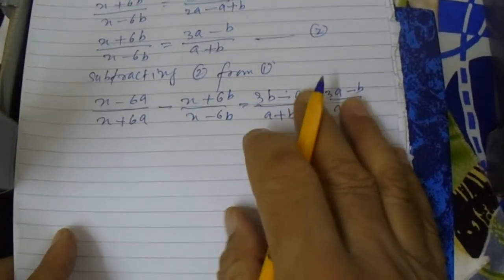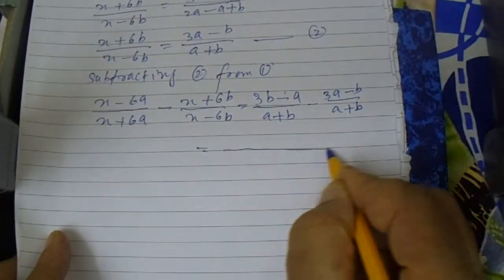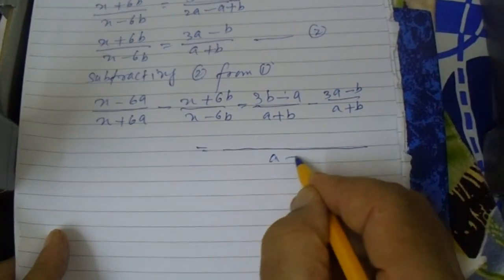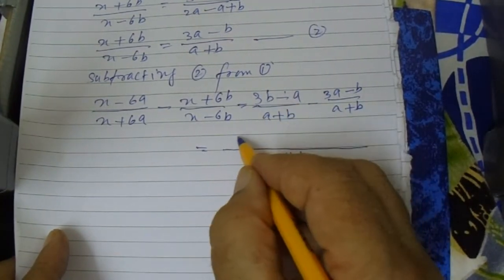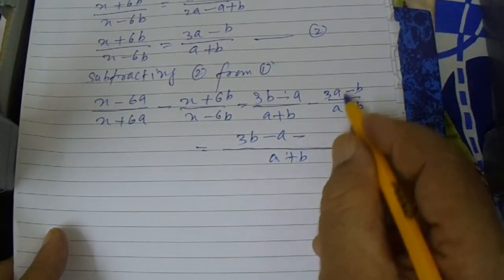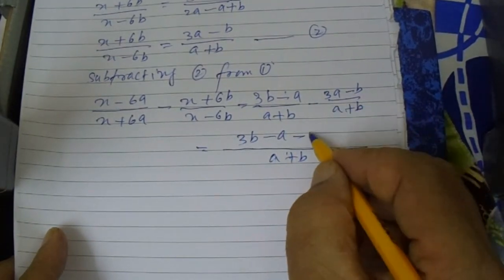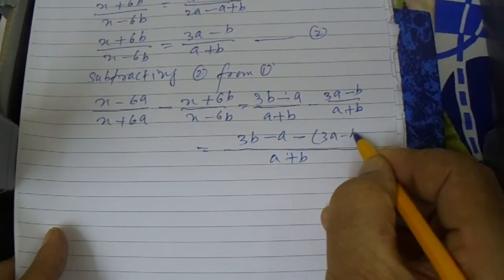Now we take this side and we solve this. Again is equal to, we write the LCM of this, a plus b. This divided by this 1, we multiply this 1 with same, write same, minus a minus. This divided by this 1, multiply this same, and we write in bracket here minus 3a minus b.